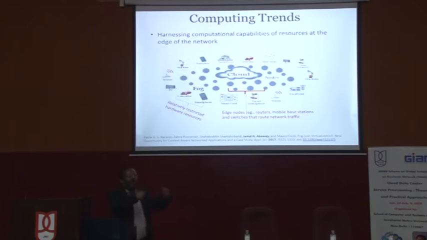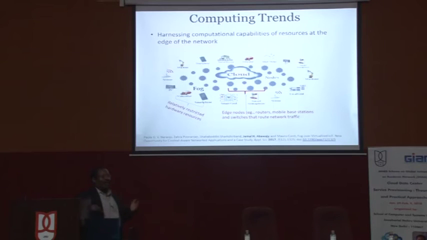Why don't we use them to process this data? Why don't they do some tasks? You can send small tasks to them. They can process that, right? Send the result to cloud and then continue. That is the concept of fog computing in a nutshell.